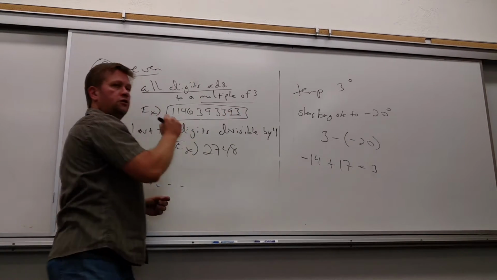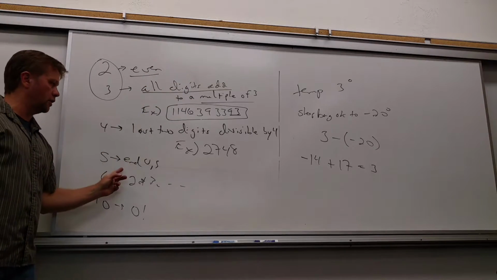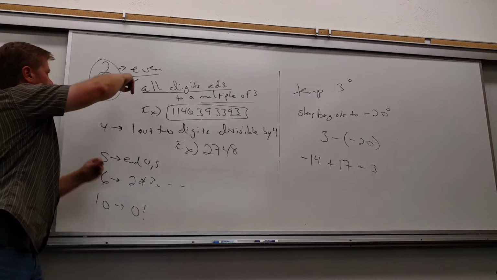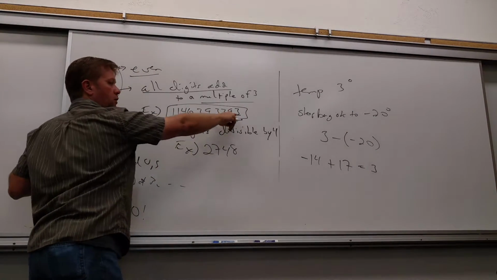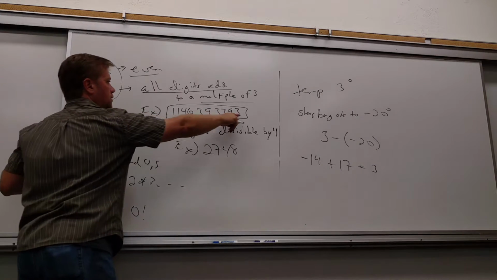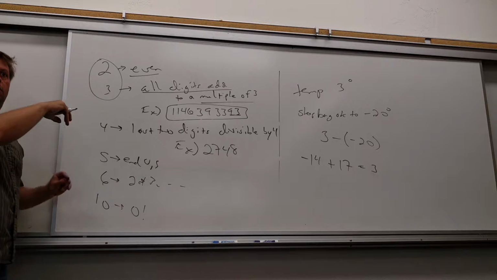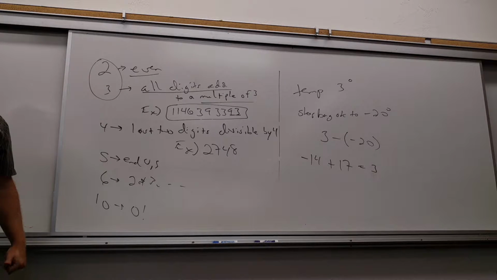Does 4 go into the last 2 digits? No, so 4 does not go into the number. Does 5 go in? No. But on the homework, you better tell me 3 goes in because it adds up to a multiple of 3. 4 does not go in because it doesn't go into 93. 5 doesn't go in, it doesn't end in 0 or 5. 6 doesn't go in because 2 doesn't go in. You have to tell me each one, why or why not.